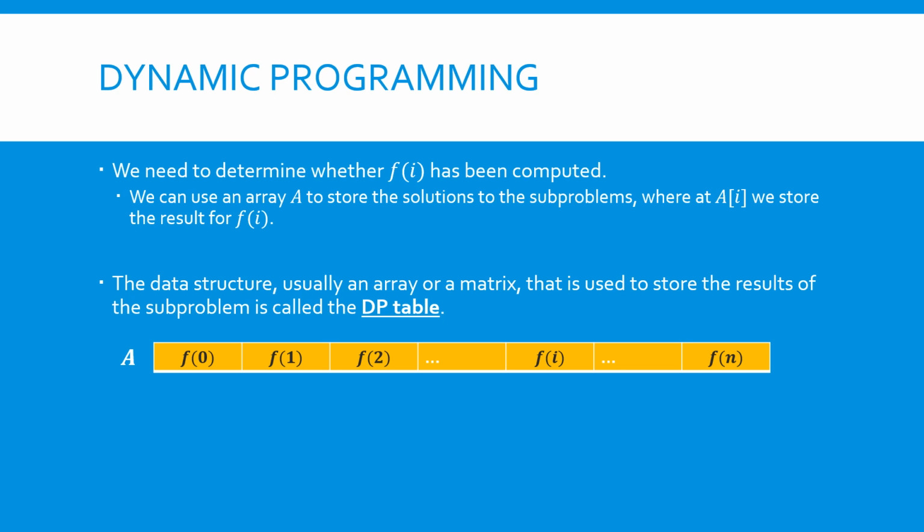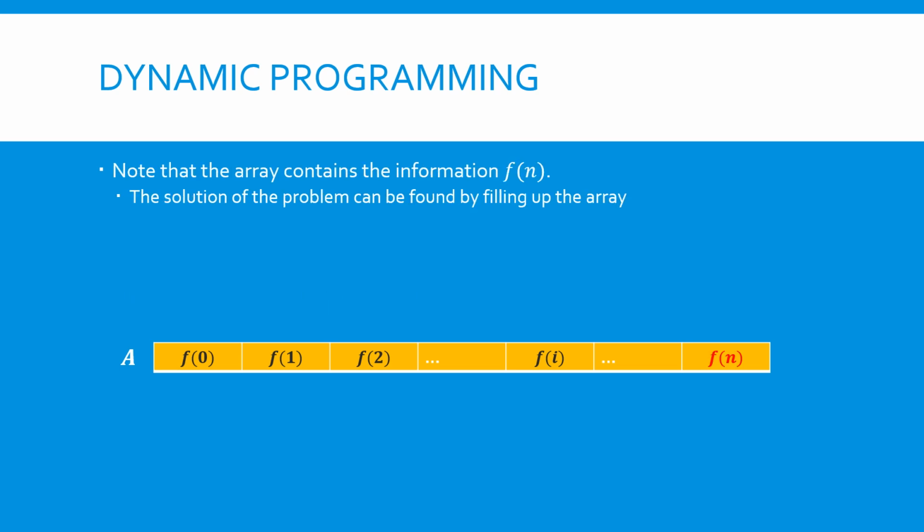For example, in entry A[i], we store the result for the subproblem F(i). The data structure used for the memorization purpose, usually an array or a matrix, is called the DP table. Note that the original problem F(n) is also represented in the array A. Therefore, if we can fill up the array, particularly finding the value for the entry A[n], we can solve the problem.